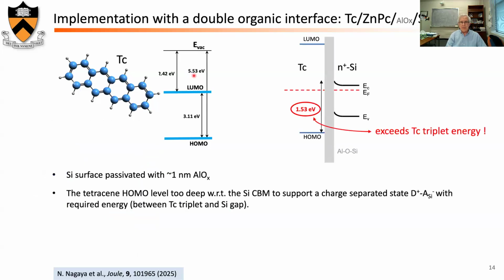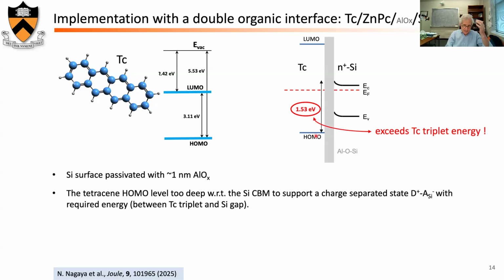If you put tetrazine straight on silicon, here in particular N plus silicon, you see that the HOMO level is 1.53 eV below the conduction band of the silicon.